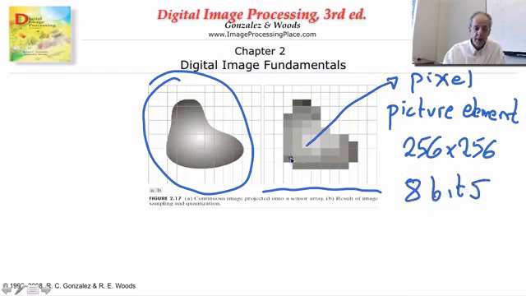So every pixel is represented by 8 bits, which means that it can represent 256 different gray values. And we're going to see how important this is. Both the spatial discretization and the quantization of gray values are extremely important.